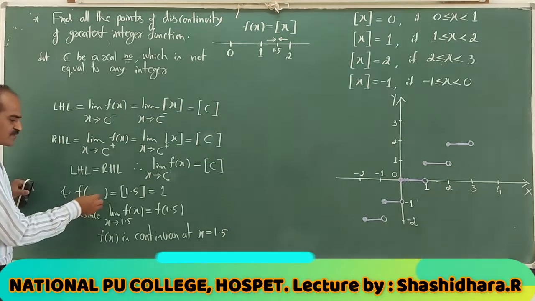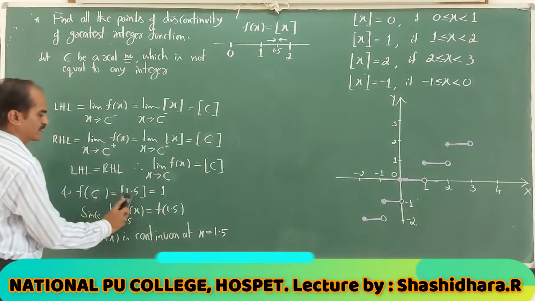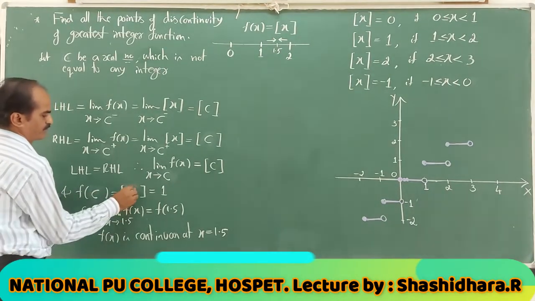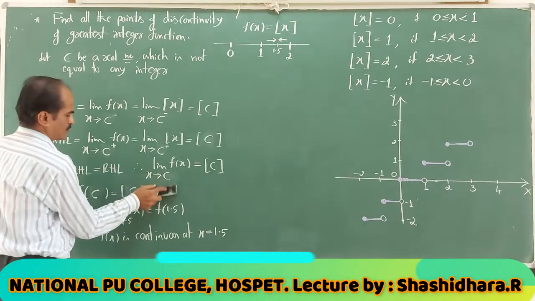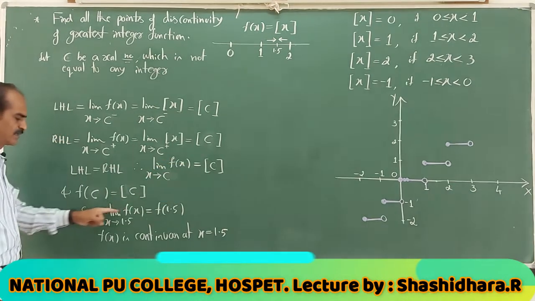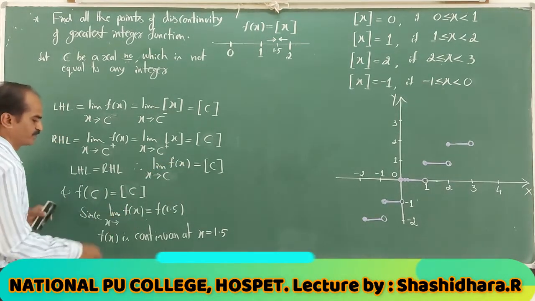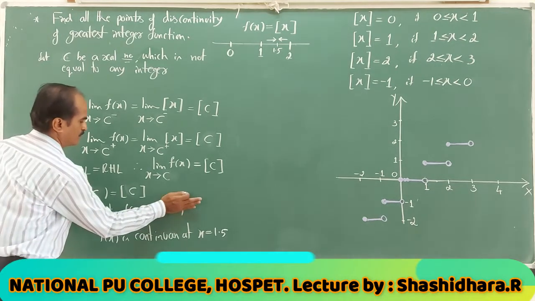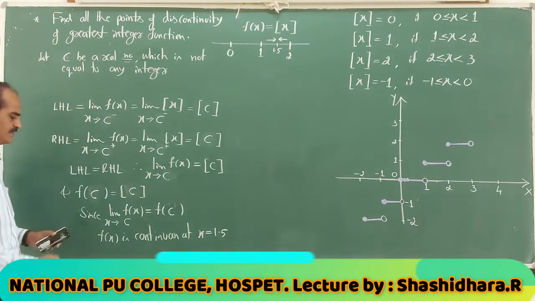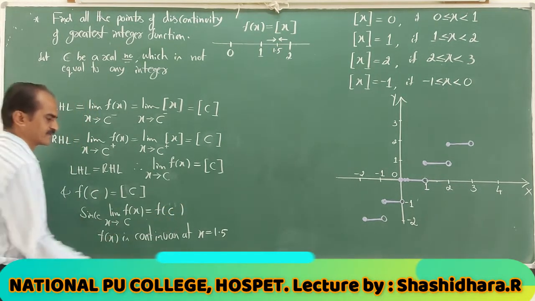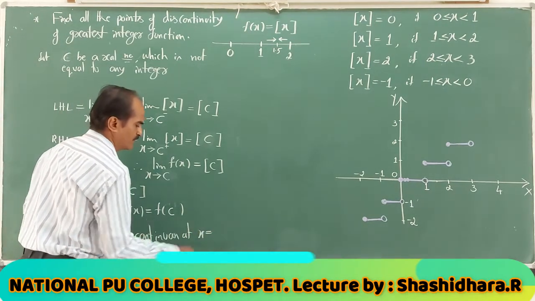Just like the function value at 1.5, it is the greatest integer of C. So the limit of f of x as x tends to C is equal to the function value at C. Therefore, f of x is continuous at x equal to C.